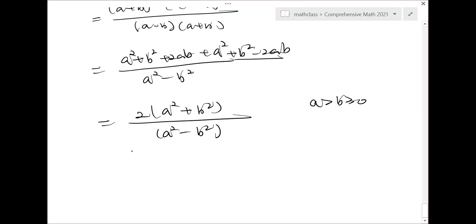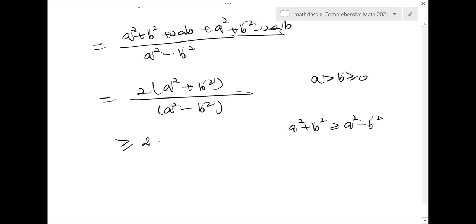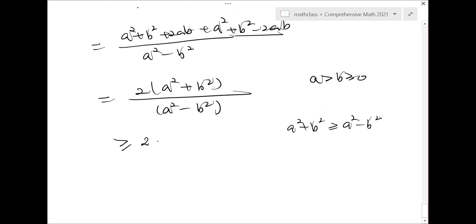Now clearly, from this expression, do you think the numerator A squared plus B squared is greater than A squared minus B squared? Yes. So it should be greater than 2 times 1, because A squared plus B squared is greater than or equal to A squared minus B squared. That's why the numerator is greater than or equal to the denominator. Now, is it possible they're equal?